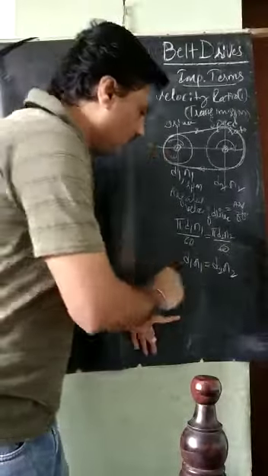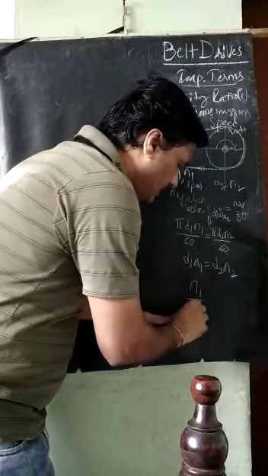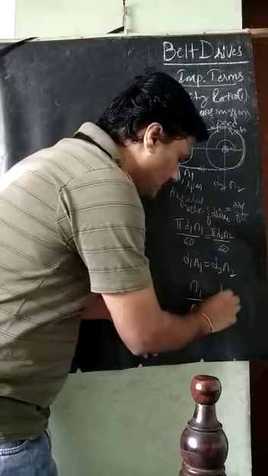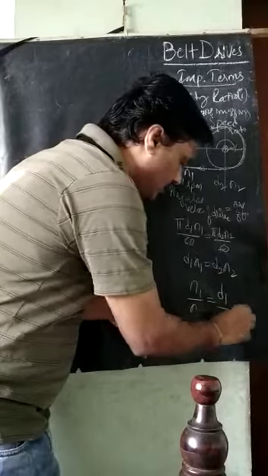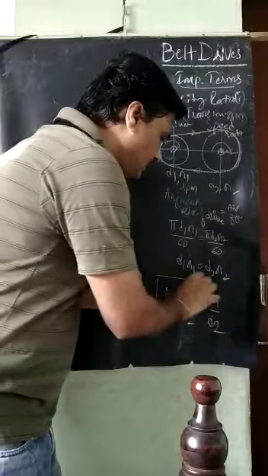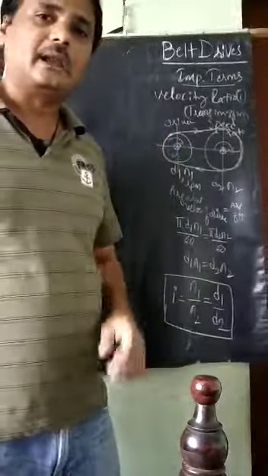Writing this another way, n1 by n2 is equal to d2 by d1. This is called the velocity ratio.